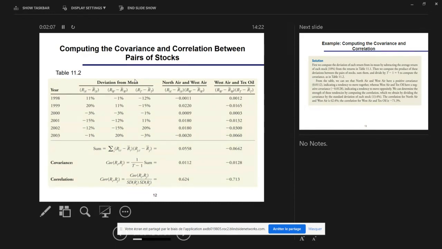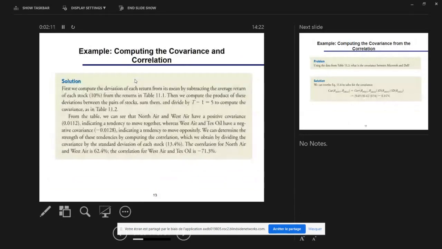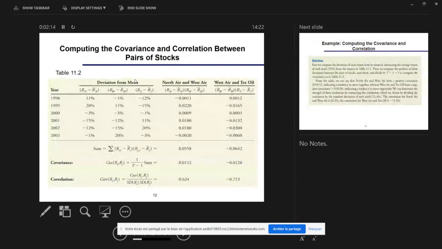The standard deviation of the portfolio of North Air and West Air is higher than that of West Air and Tex Oil. So West Air and Tex Oil will have lower volatility because you can gain more diversification benefits.